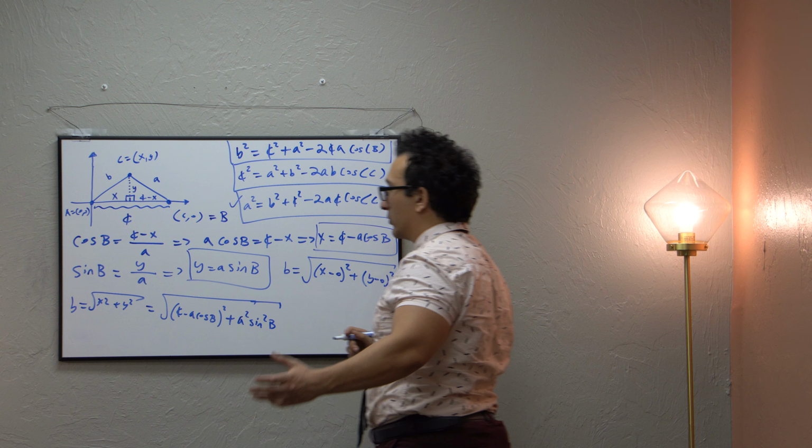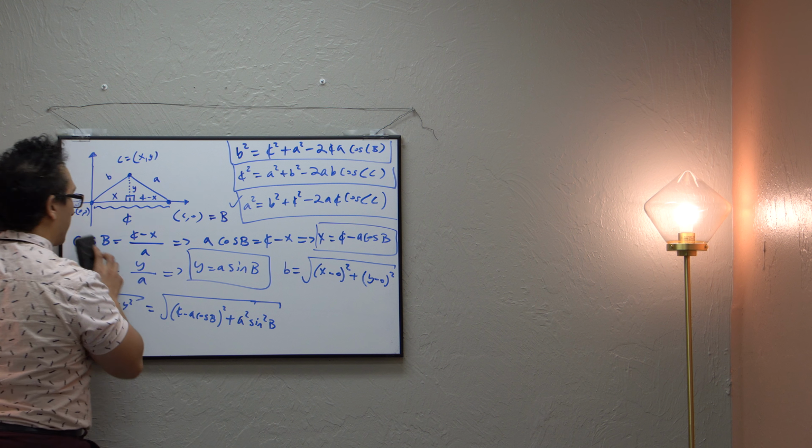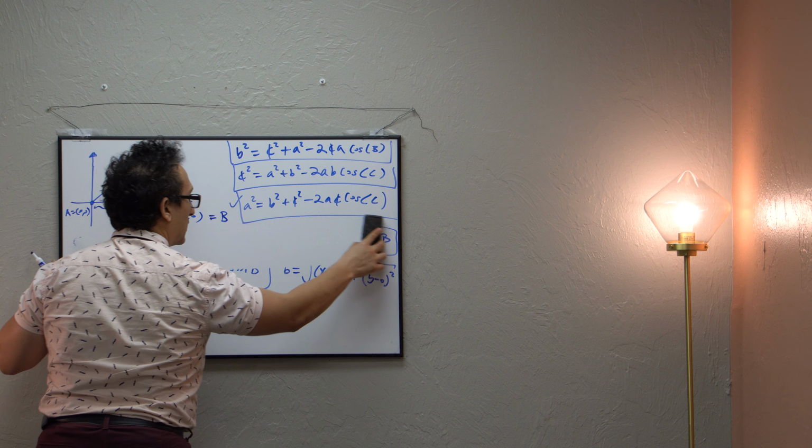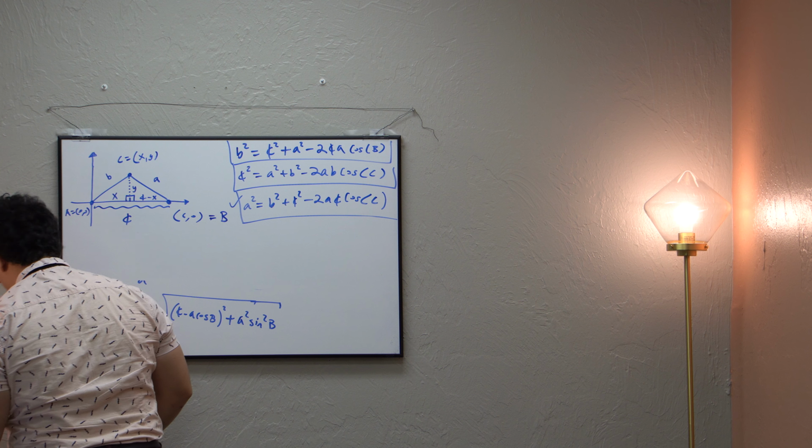Okay, so now in order to proceed with the calculation, I'll need to clear up some real estate. So we're going to delete this information here and continue the computation up here.